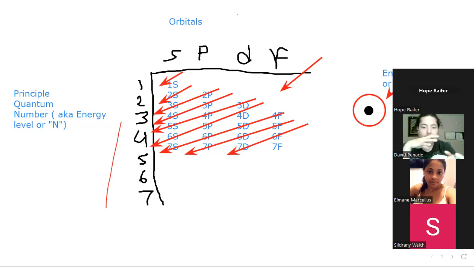So say, like an onion. There's the inner layer, there's the second layer, there's the outer layer, and that's how atoms are. Atoms are like layers of onions. So the first layer will be the first orbit, also known as the energy level as well.